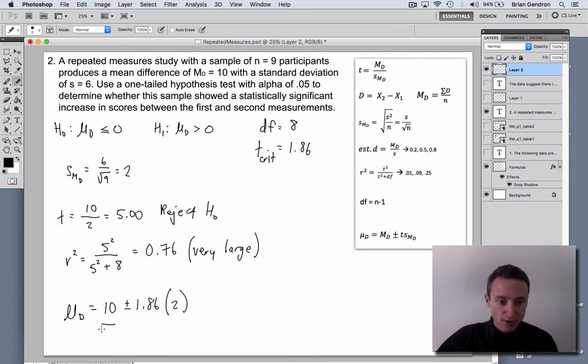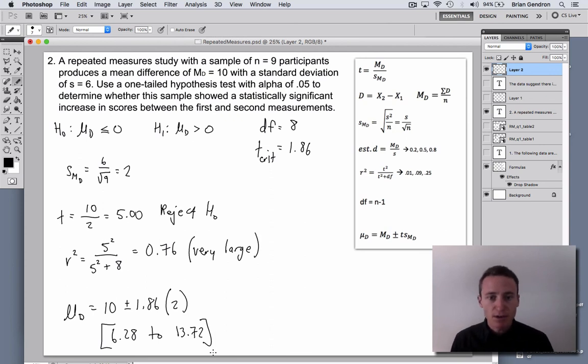All right, and so it looks like we get 6.28 to 13.72. Okay, and then of course you could write a conclusion statement, but it's going to look very similar to the one we did in the last problem.